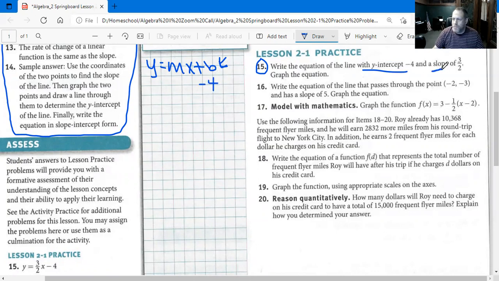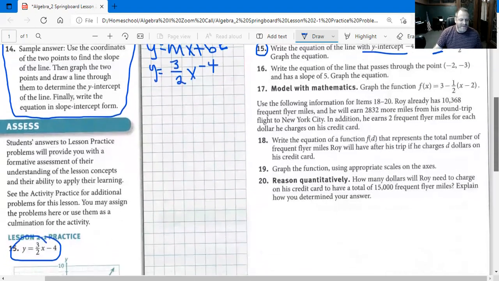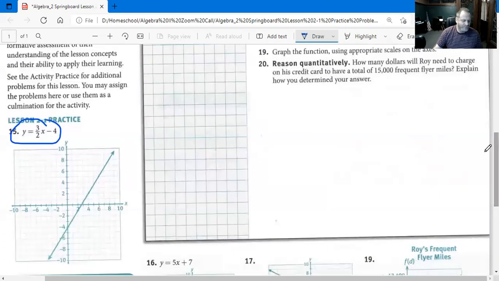And the slope is going to be 3/2, so y = 3/2x - 4. Does that look like number 15 down here? Yes, it does. Now we're going to graph.